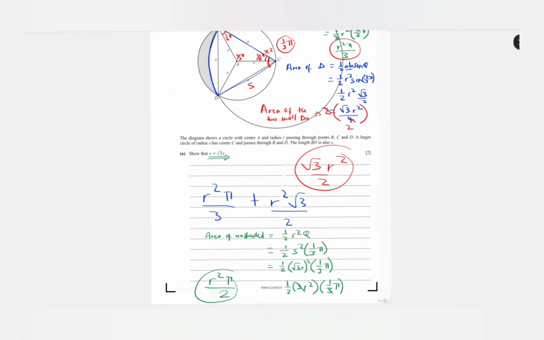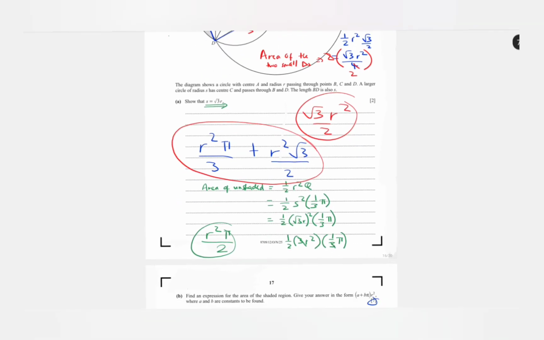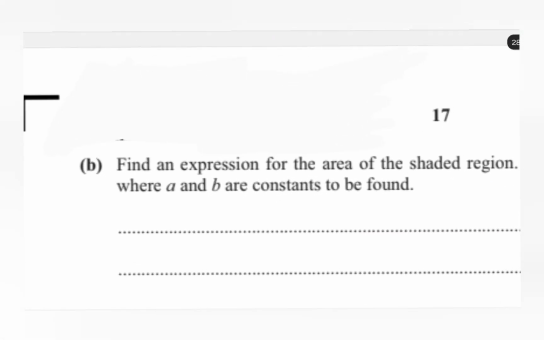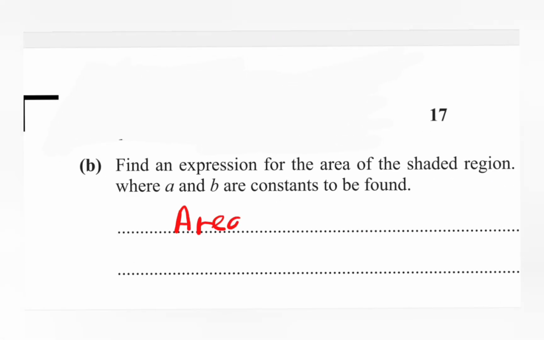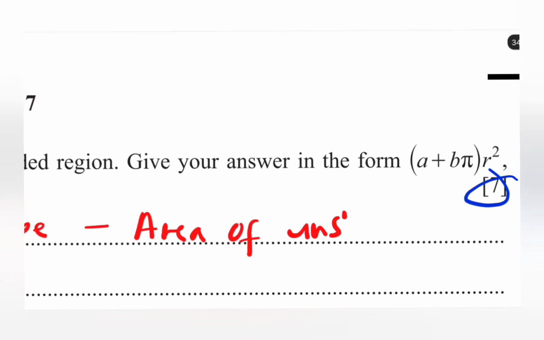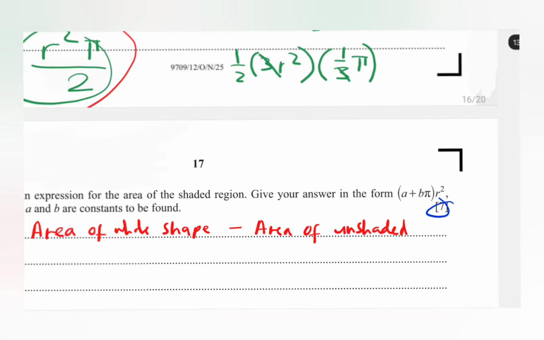So now I'm just going to say area of whole shape minus area of unshaded.